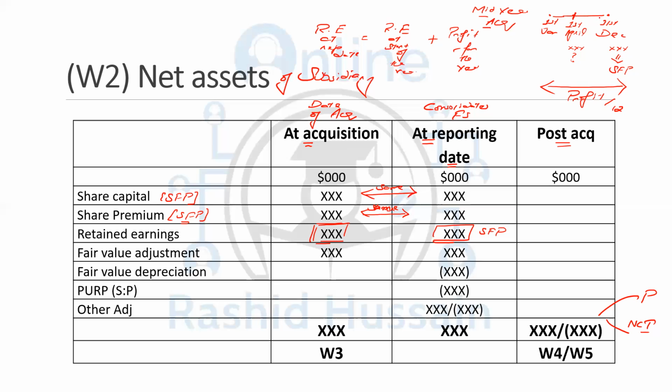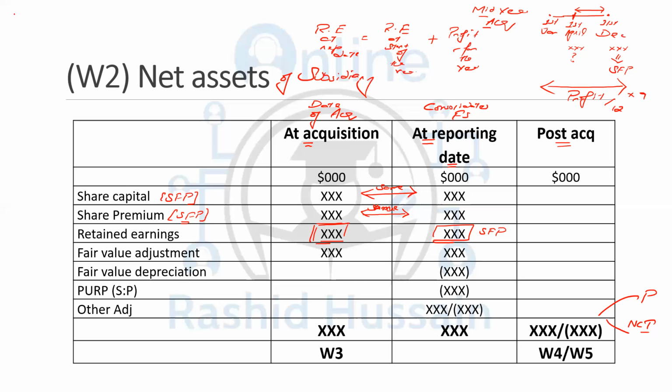What we can do is take the profit of these 9 months, multiplying by 9 in this example which I'm giving to you. So you calculate the profit of the 9 months and deduct it from the reporting date figure. If you deduct the 9 months profit from the retained earnings at reporting date, you will reach 1st April, which is the retained earnings at acquisition.